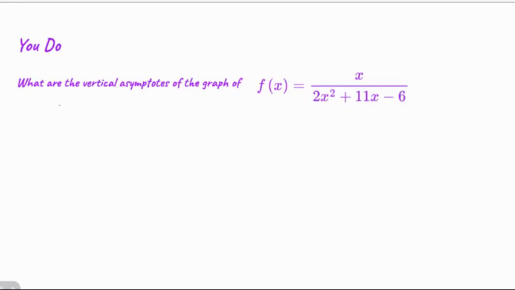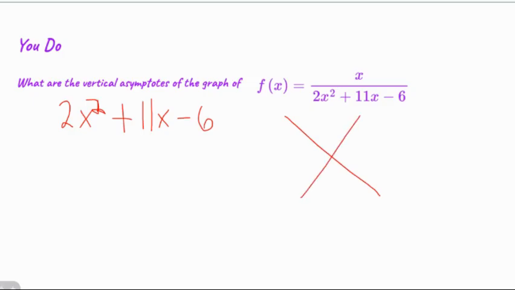Okay, so 2x squared plus 11x minus 6. Now, remember, when we're factoring this, we're taking the lead coefficient and we're multiplying by negative 6. So negative 12 and 11. And then our two answers would be, let's see here, negative 1 and positive 12, pardon me.